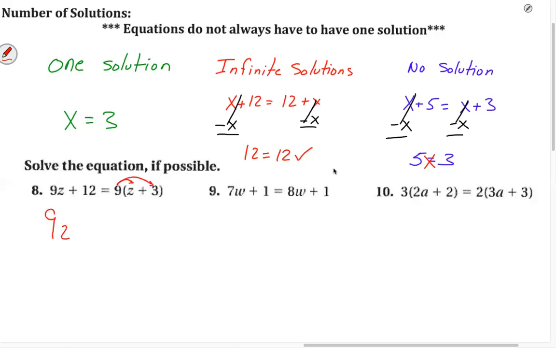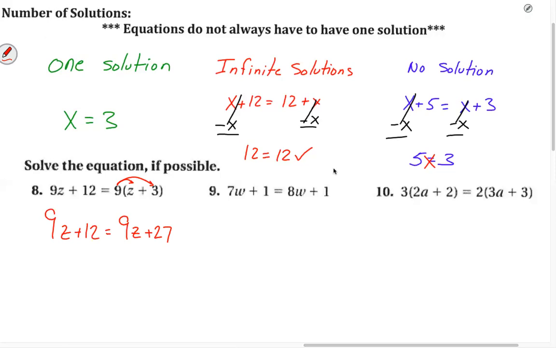I have 9z plus 12 equals 9 times z is 9z plus 9 times 3, that's 27. Now, for me, I notice this is going to be no solution right here. Why? Well, I have 9z on both sides, right?